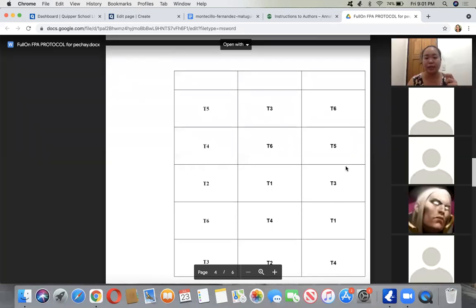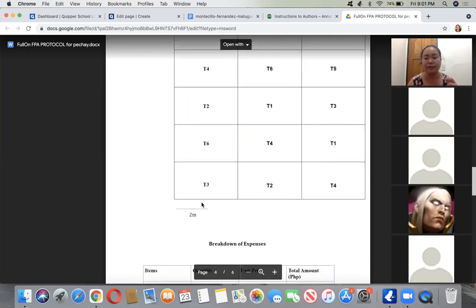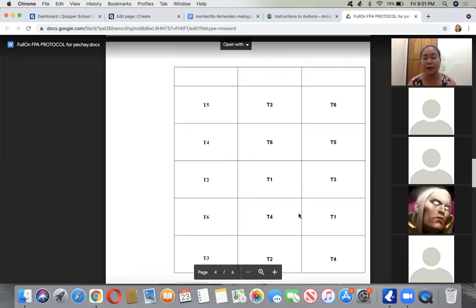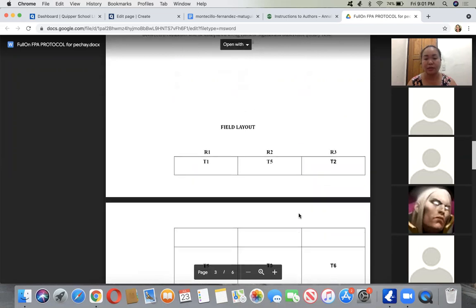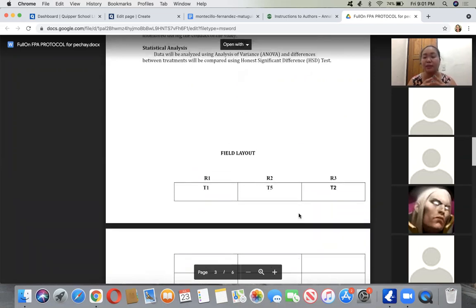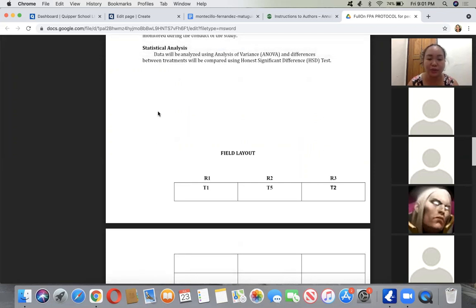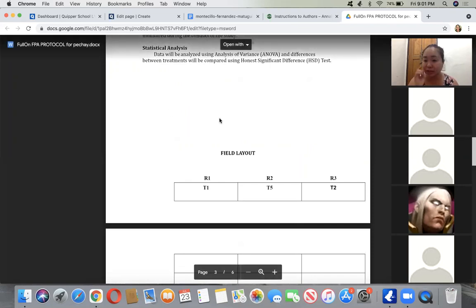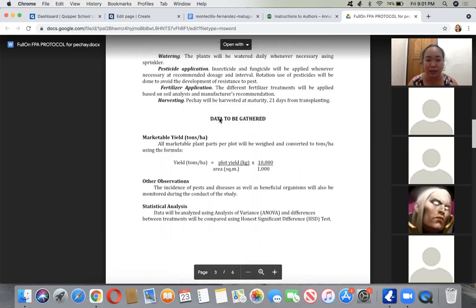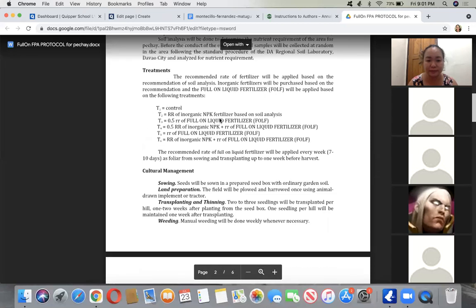And since zigzag, 1, 2, 3, 4, 5, or up to 10 samples kung medyo mahaba yung field, no? And then i-mix mo lahat yun, i-pulverize ninyo, and then you will just get 1 kilo of it. Air dry siya, ha? And you send it to the lab for analysis.